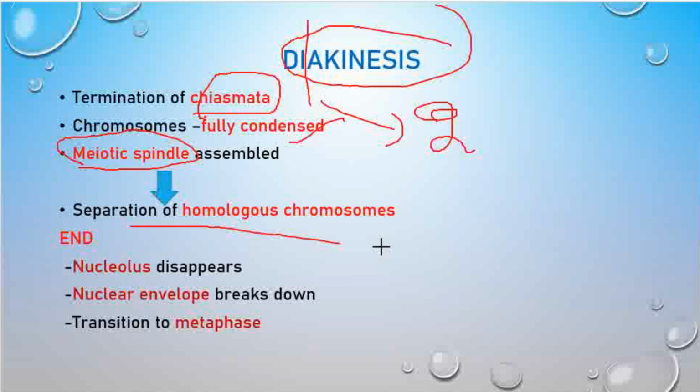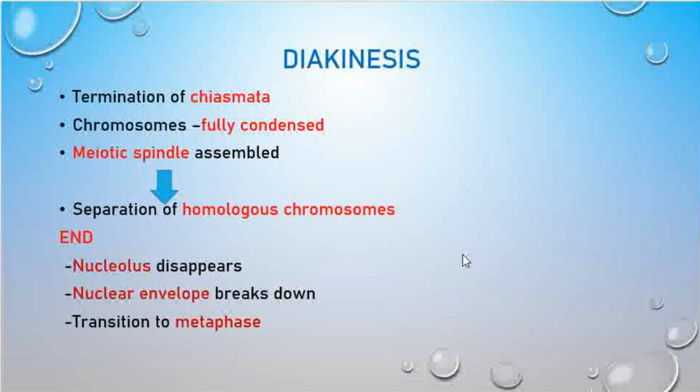And there is separation of homologous chromosomes. At the end of diakinesis, the nucleolus disappears, the nuclear envelope breaks down, and there is transition to metaphase. From diakinesis, the next stage, metaphase, occurs.